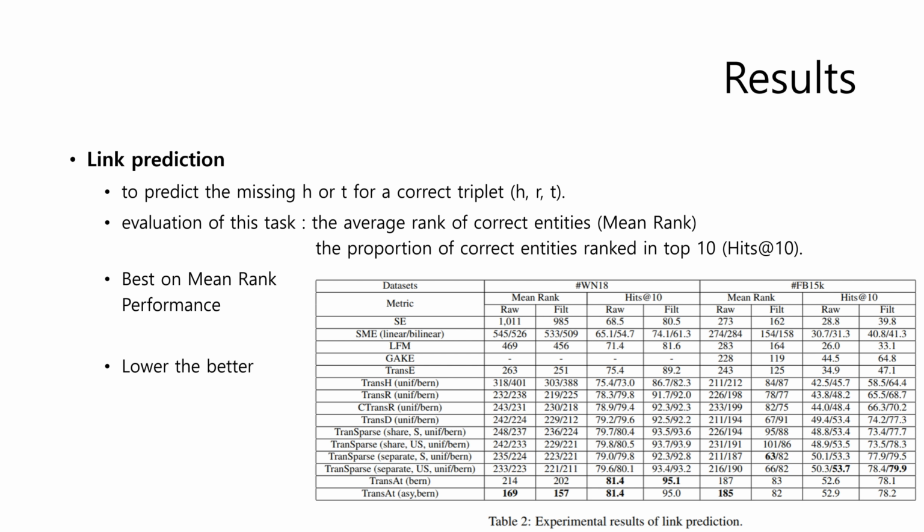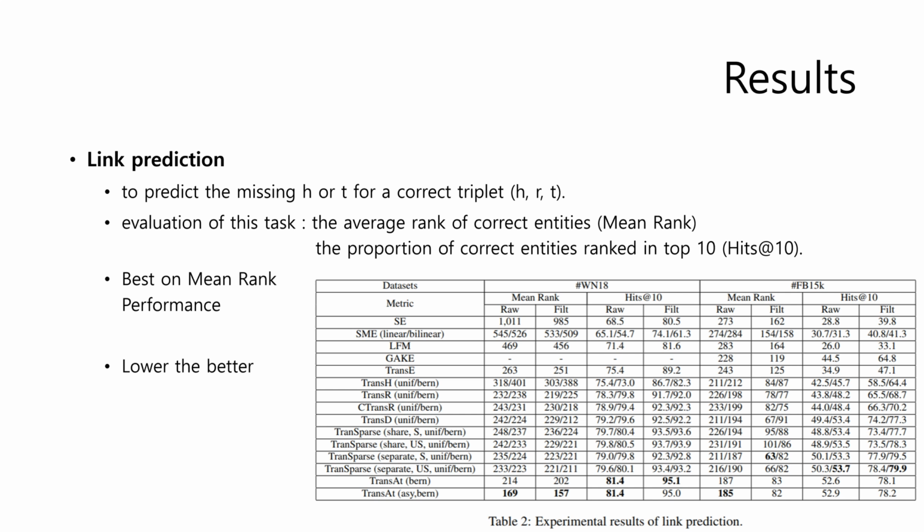Link prediction for knowledge graph predicts the missing H or T for a correct triplet HRT, as I told you before.